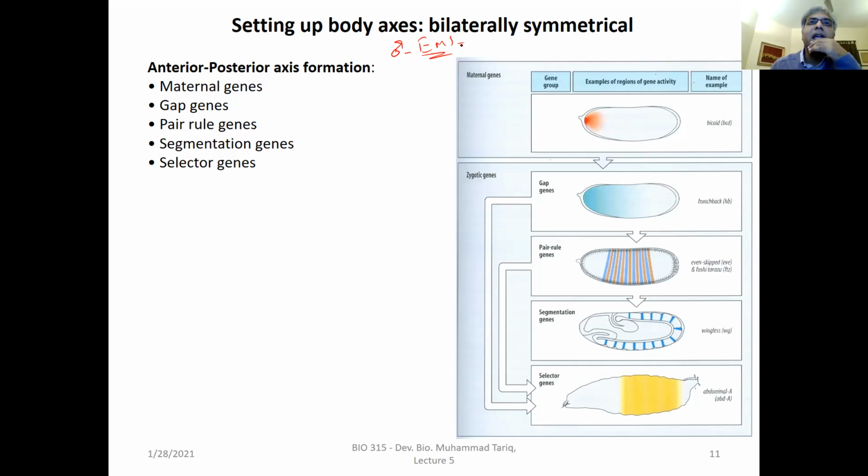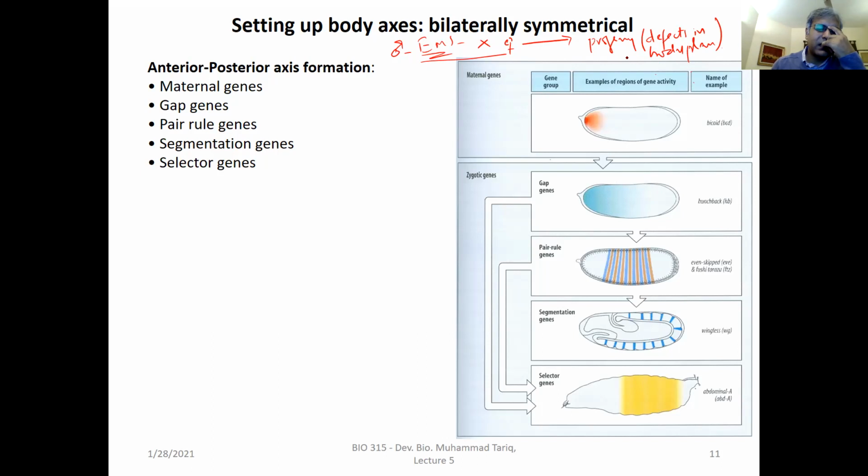The flies which hatch, these males will then be crossed with normal females, and in the progeny which hatch from this cross, you will look for phenotypes which highlight defects in body plan.